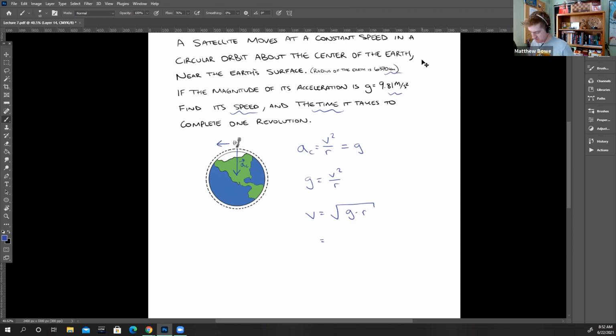So let's convert it to meters. So g was 9.8 meters per second squared, and the radius in meters is 6370 kilometers, so that's times 1,000, meters, like that.